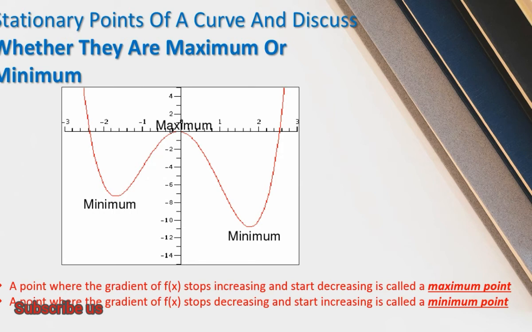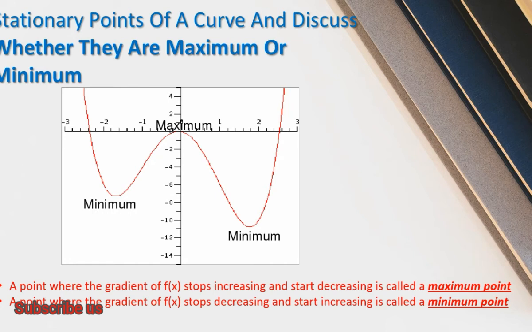Further, this part is about stationary points. We find the stationary points of a curve and discuss whether they are maximum or minimum. Here you can identify which are the maximum and minimum points: there are two minimum points and one maximum point here.